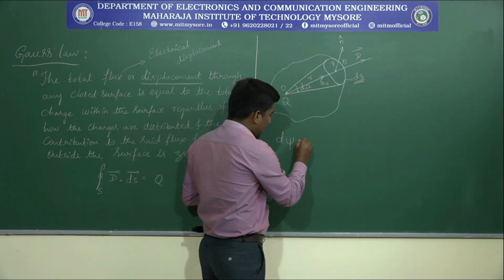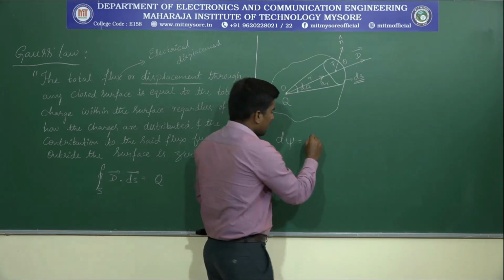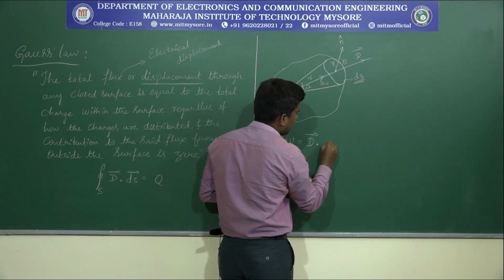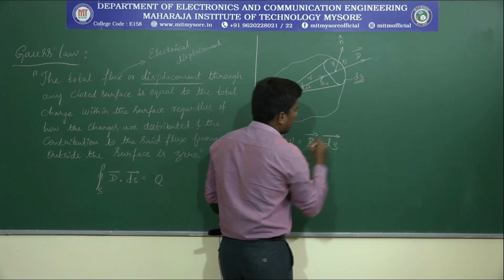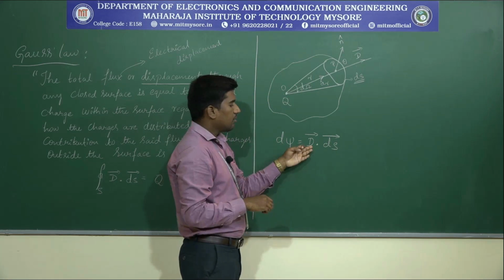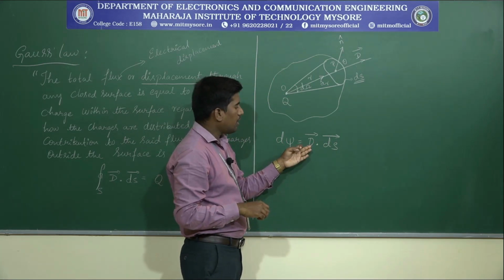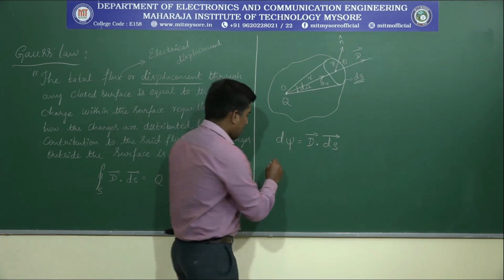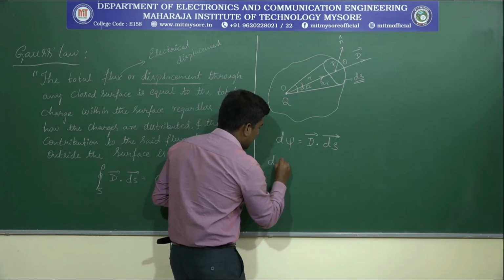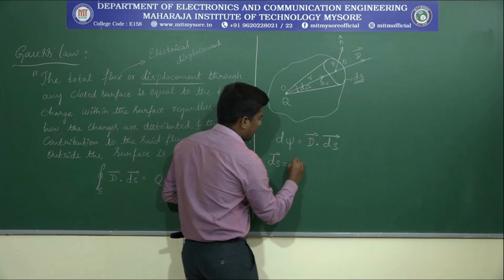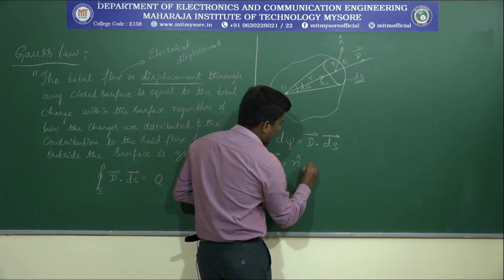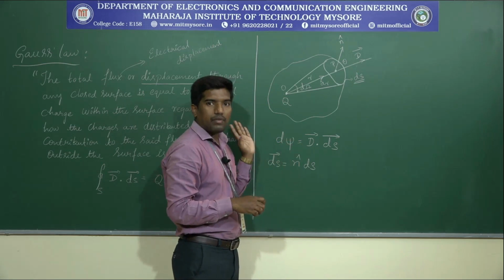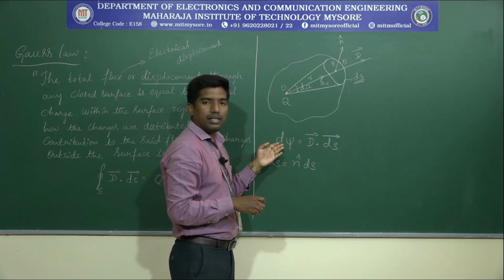Which is obtained by taking the dot product between D and ds, where ds is equal to n cap into ds. This is what we wrote in the previous session, so let us recall the same thing.